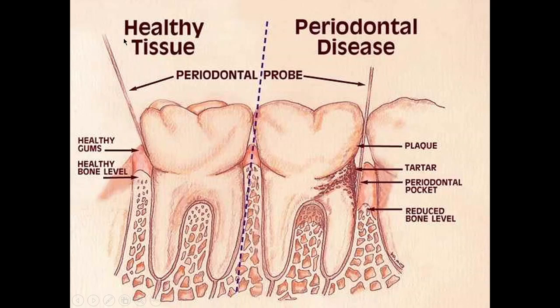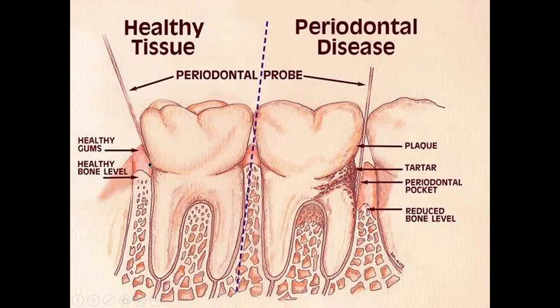This photo illustrates the difference between healthy tissue and periodontal disease. This is the periodontal pocket, the graded periodontal pocket. That is the healthy gums and the healthy bone level as shown. When you insert the periodontal probe, it will travel to stop here. The stoppage here is the beginning of the periodontal attachment fibers or the junctional epithelium.